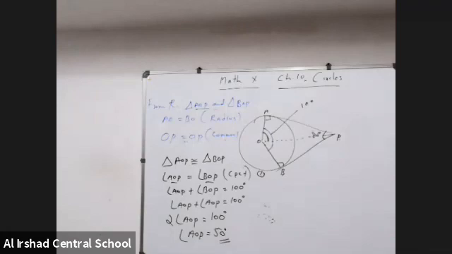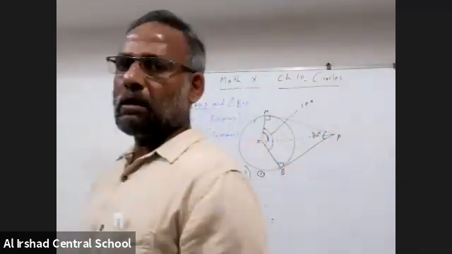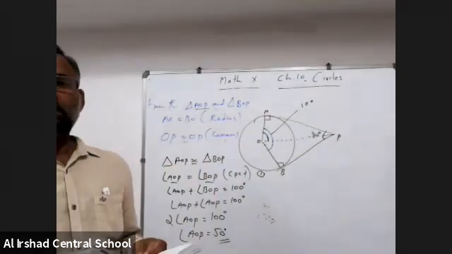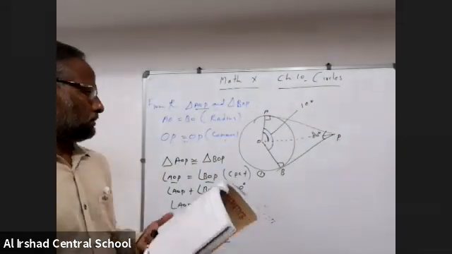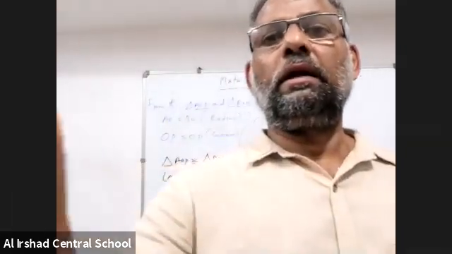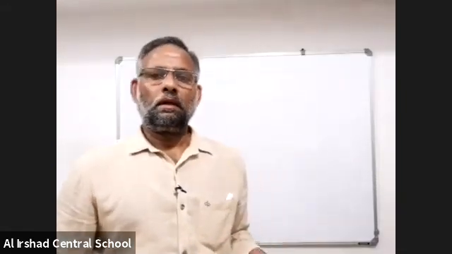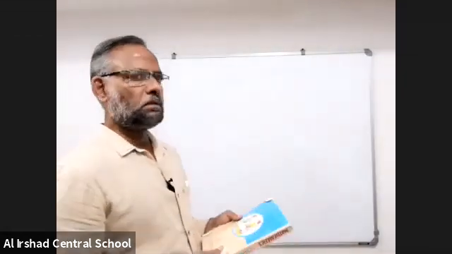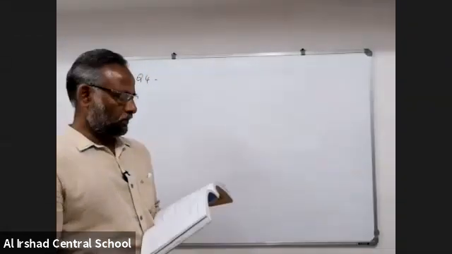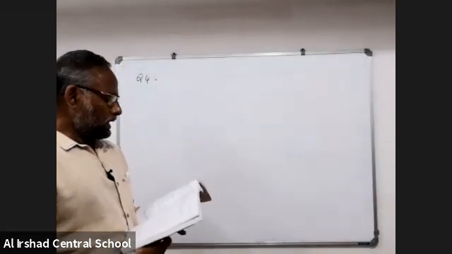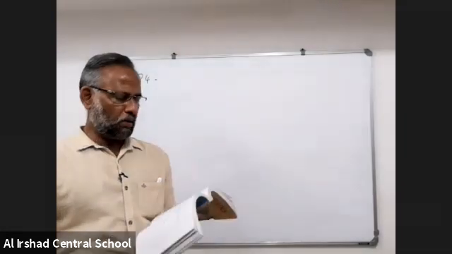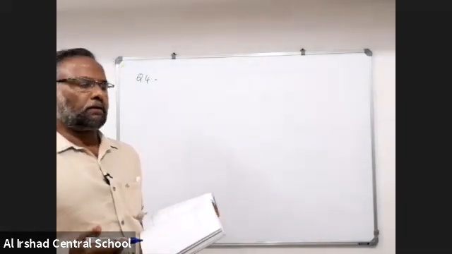Prove that tangents drawn at the ends of a diameter of a circle are parallel. Look at the fourth question and draw the figure. Now, listen here. The fourth question is very easy, but we have to draw the figure. The figure is not given.